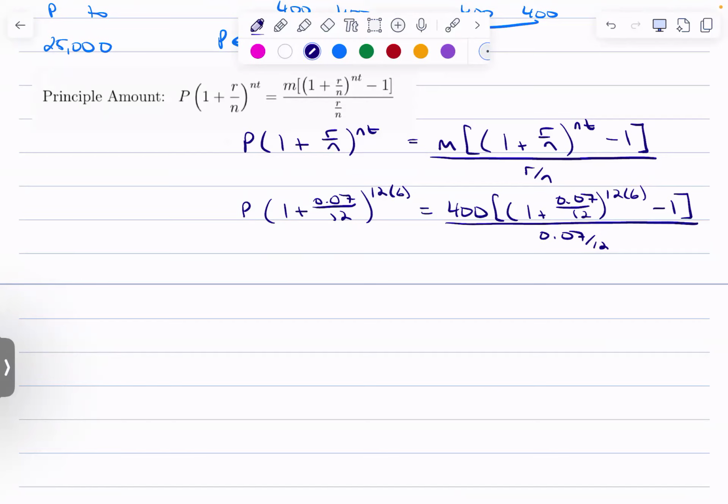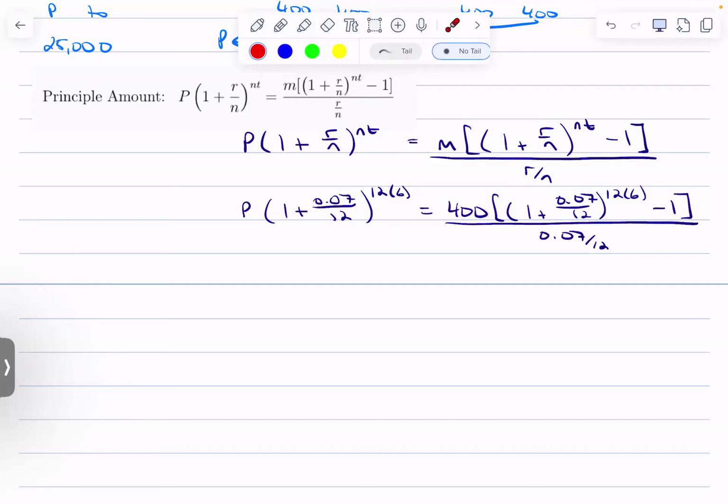Taking it nice and slow, but what's nice is once you've solved this here, 1 plus 0.07 divided by 12 to the power of 12 times 6, that's the same number as here. So I encourage you to store it in your calculator and save yourself a bunch of work. You don't have to, but I would definitely try to do that because it's a nice shortcut.